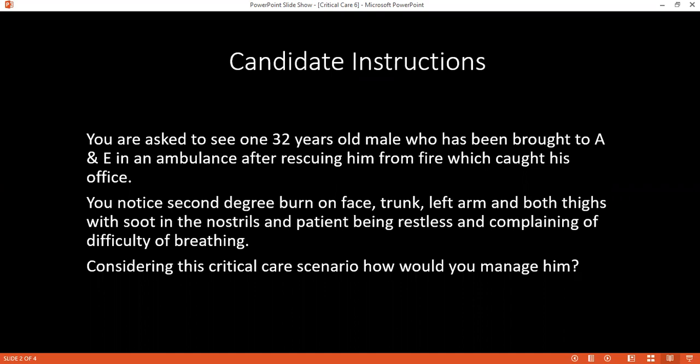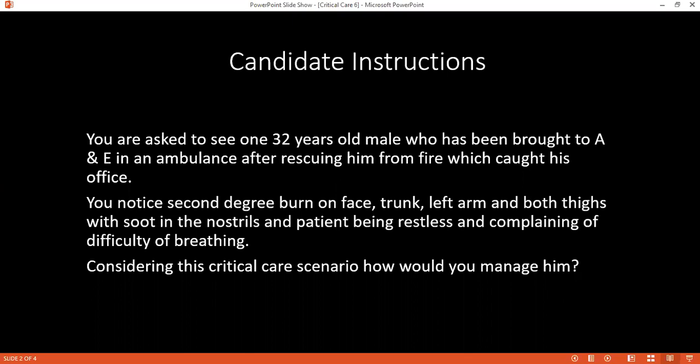And then I will go for checking breathing and ventilation. In case of inhalation injury, there may be ventilation difficulty. And I will check the saturation of the patient, and then I will do the chest examination.